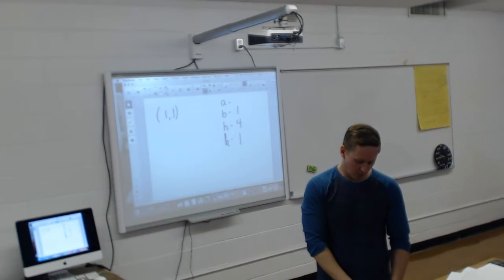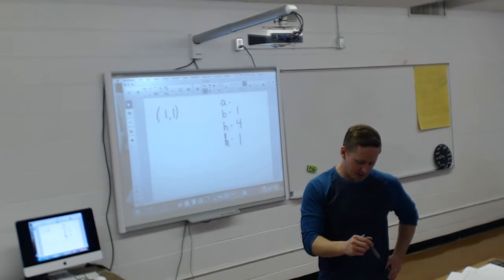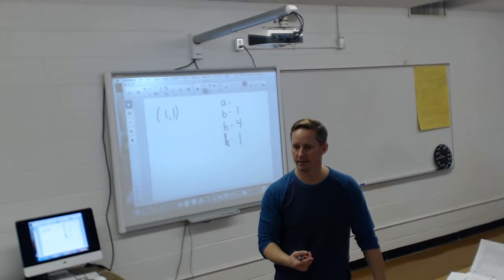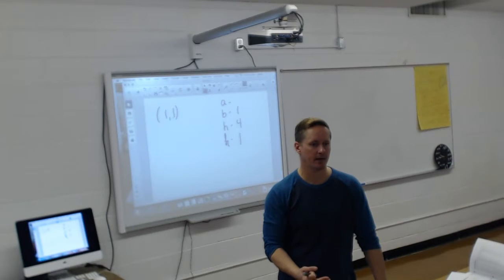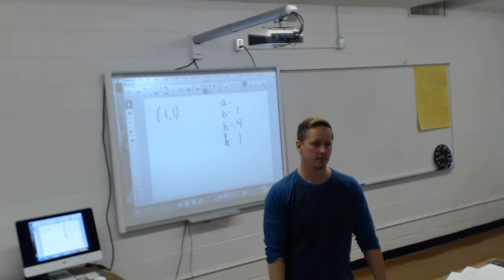So the distance between those two is actually 3 instead of 1, correct? That means it was multiplied by a factor of 3 and then shifted right and up 1. Does that make sense? Yeah.